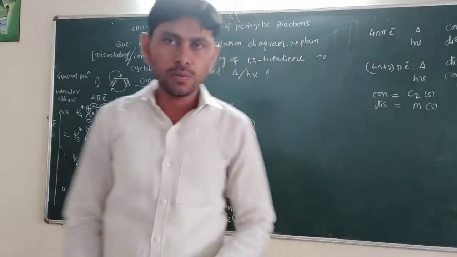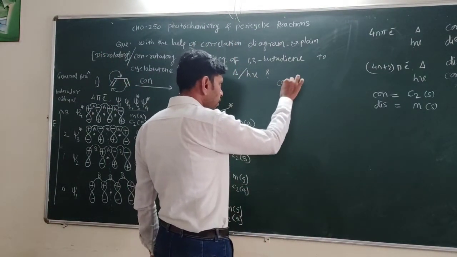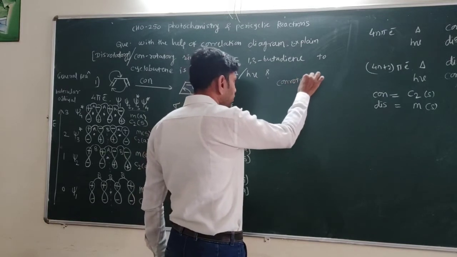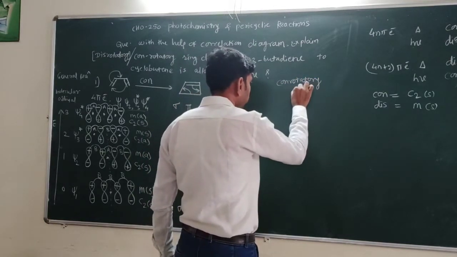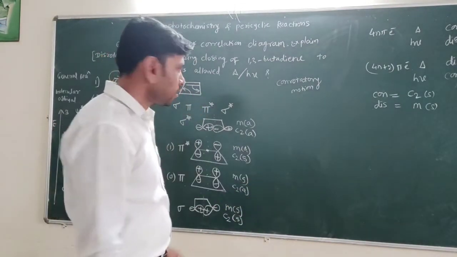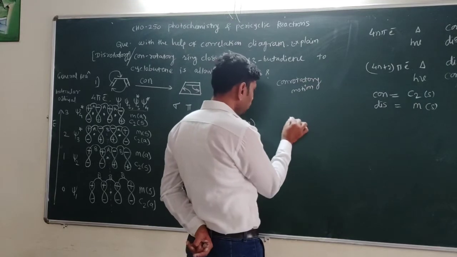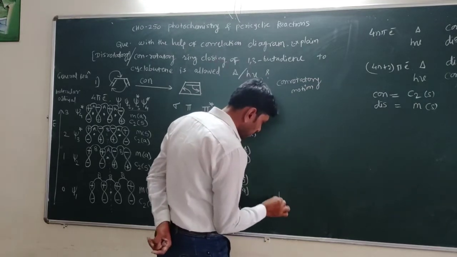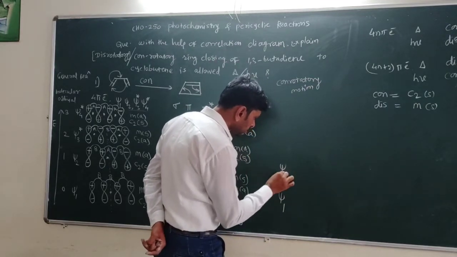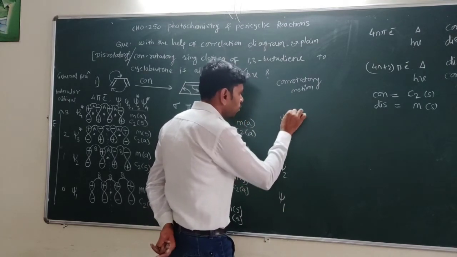Okay. Now we have to correlate reactant and product orbitals. So for conrotatory motion, draw the orbitals again: psi1, psi2, psi3 star, psi4 star.